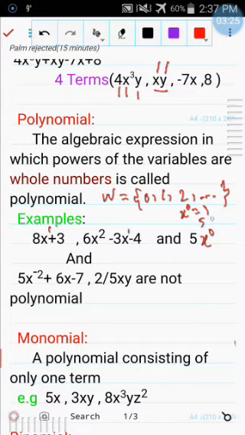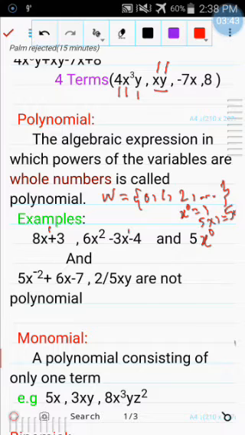For example, 5 times 1 is equal to 5. So 5 is a polynomial because the power of the variable in this case is 0, which belongs to whole numbers.